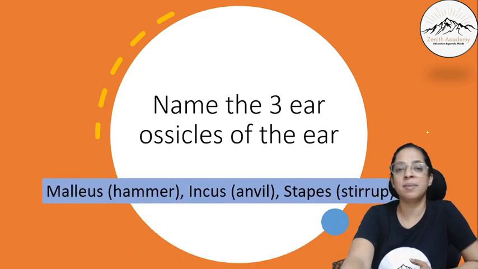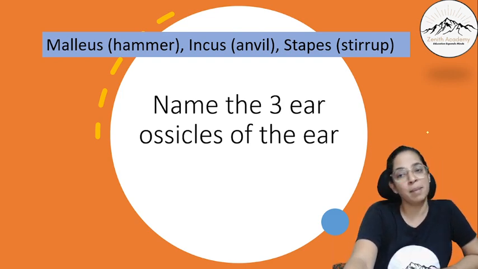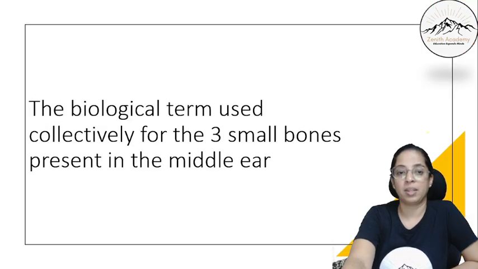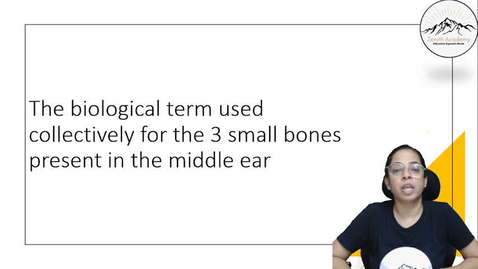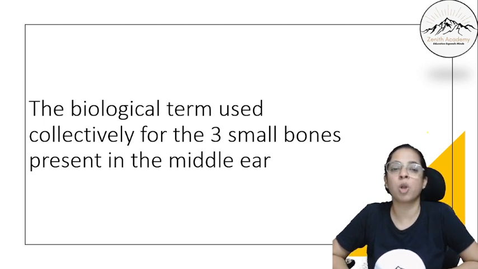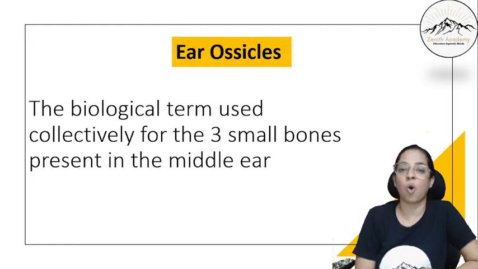This is very easy. Malleus, commonly known as hammer, incus, known as anvil, and stapes, known as stirrup. Now, the second question: what is the biological term used collectively for the three small bones present in the middle ear? Yes, bachcho, that is ear ossicles.